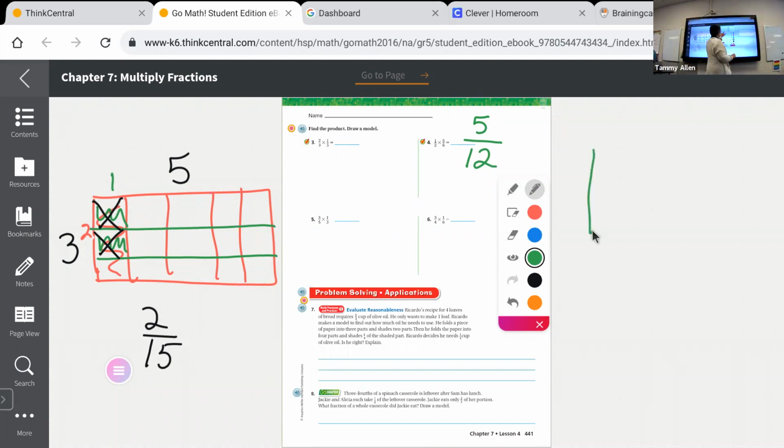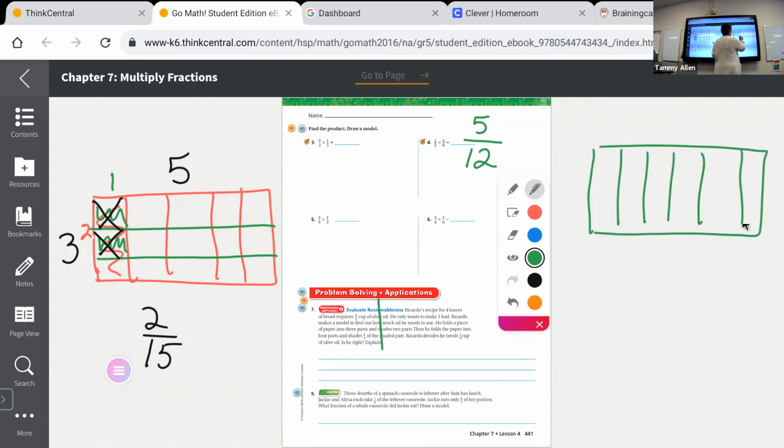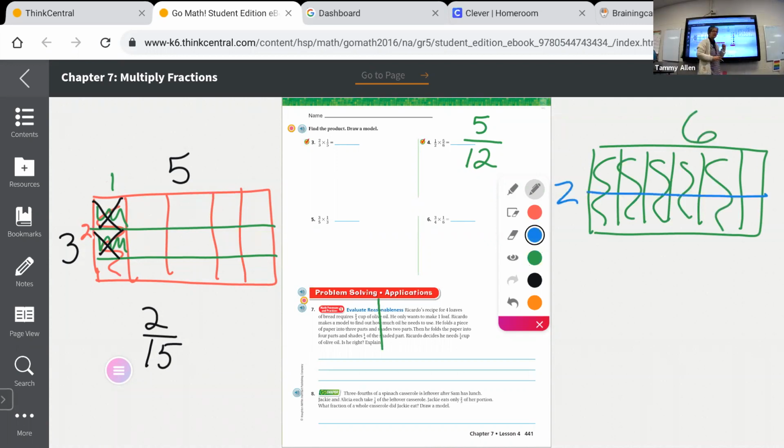Because in my picture, I have 5/6. I had 6 rows that way. I need 1/2. I had 2 rows that way. 6 times 2 for a total of 12 boxes, right? Yes? Okay. I needed half of those, right?